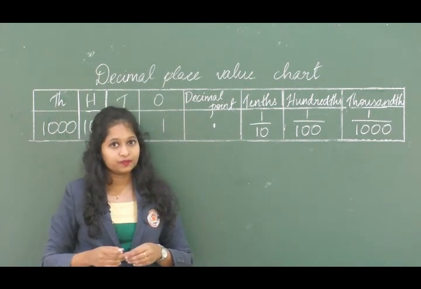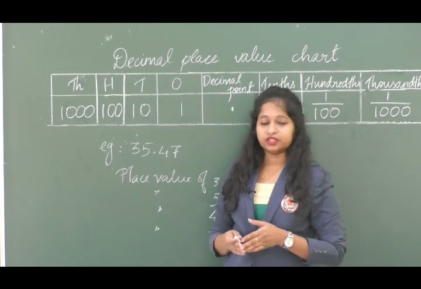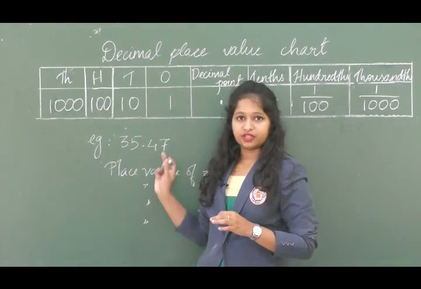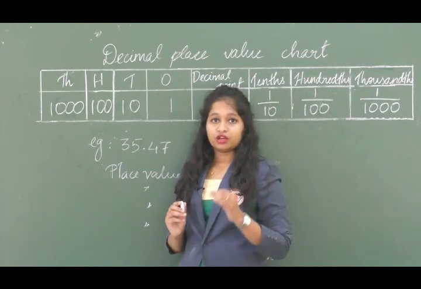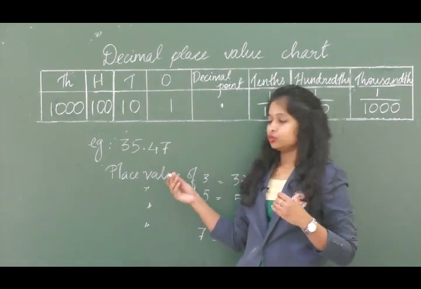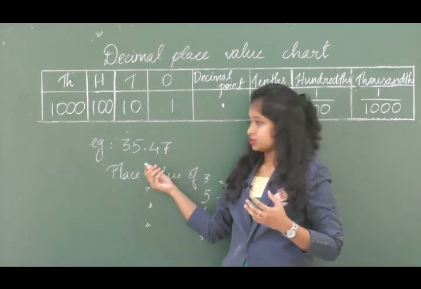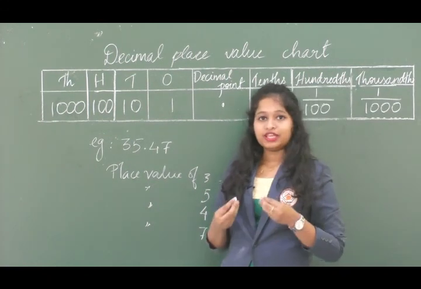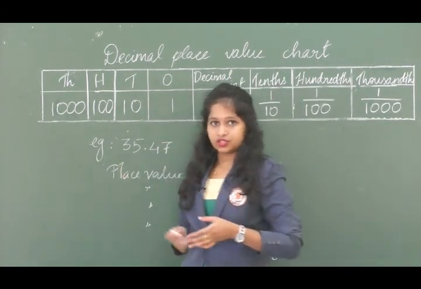Okay, I have an example here. 35.47. You should not read it as 47. After the point, we have to read as numbers. 0.47. So let's see the place value of all these digits.